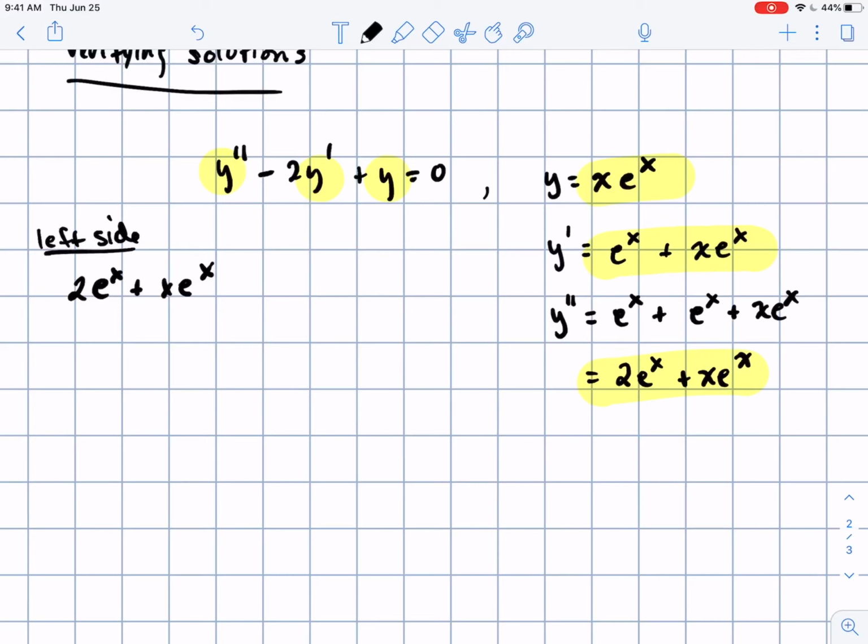So left side you could say equals, and then minus 2 times the first derivative, e to the x plus x e to the x, and then plus the function, and then we could simplify it down, you get 2e to the x plus 2x e to the x minus 2e to the x minus 2x e to the x plus x e to the x.